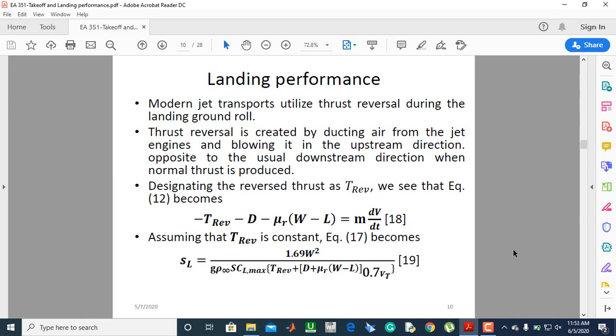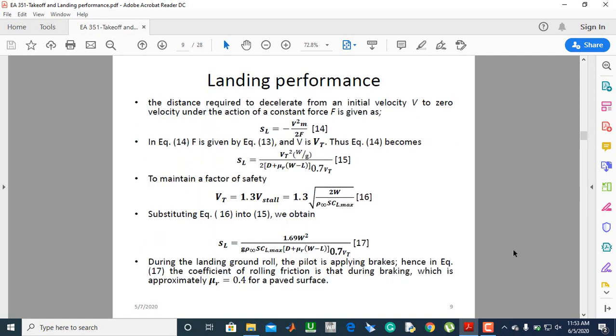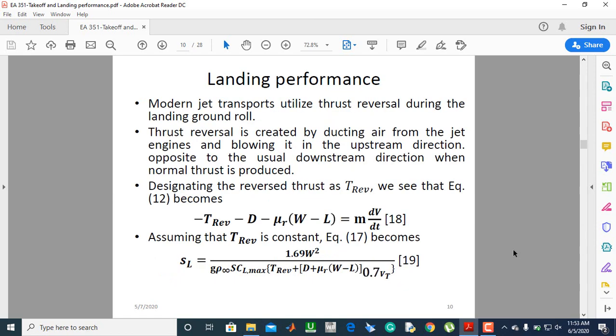It means that the direction of the thrust will be in the same direction as the drag and the resisting force, or the frictional force, and this is equal to the force. So substituting this back into, that was equation 14. If you substitute equation 18 into equation 14, you get this expression where TREV is the reverse thrust.